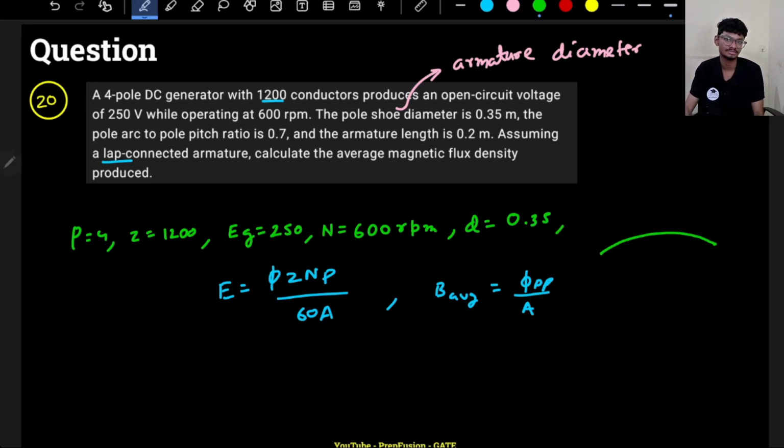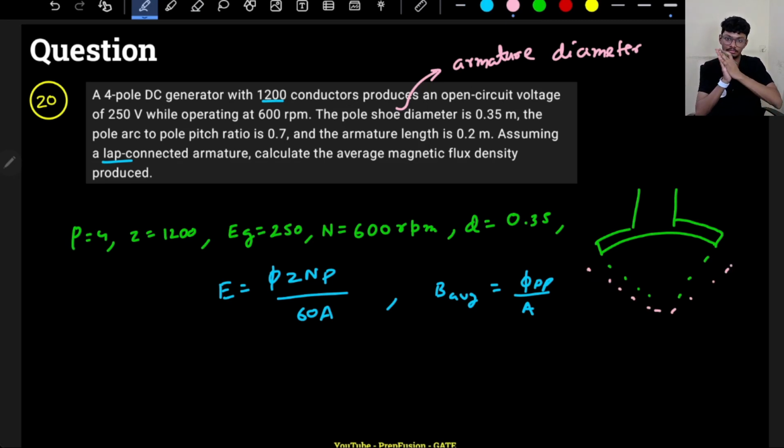What does pole arc to pole pitch mean? Pole arc means the angular distance covered by the poles, correct? And pole pitch basically means the absolute maximum that each pole can cover.